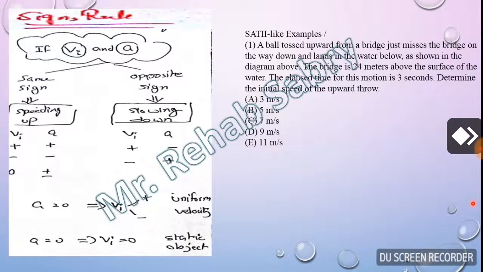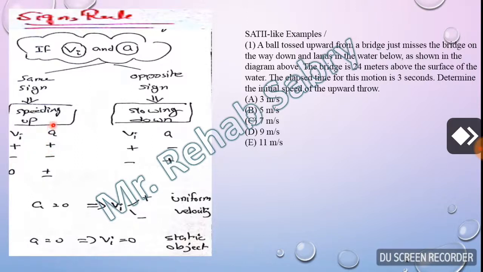So initial velocity is positive, acceleration is positive. If they are positive together, it means the object is accelerating, speeding up. Negative and negative, it also speeds up.